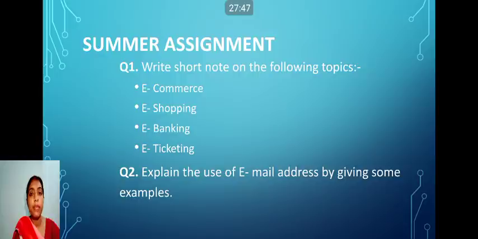Then e-shopping, online shopping, everybody has heard about it. Any kind of shopping you do using the internet is known as e-shopping. Many websites are available for e-shopping, Flipkart, Amazon, and many more. I'm just giving you an example.